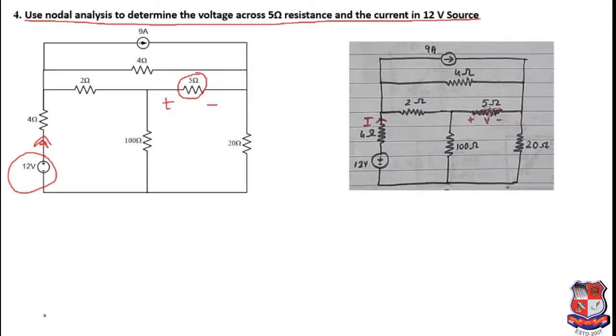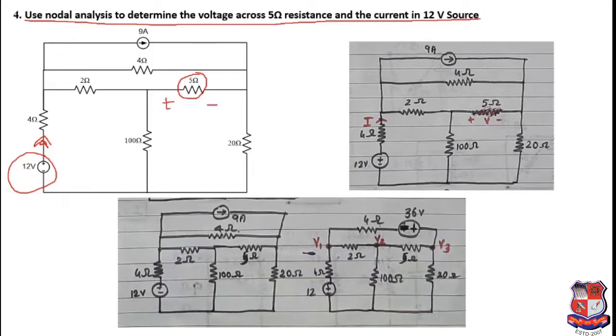So we can redraw this circuit. Now we have to study a new concept, which is very useful, called source transformation. So what is source transformation? Source transformation is a method in which if a current source is connected in parallel with a resistance, then you can make an equivalent voltage source that would be in series with the resistance.